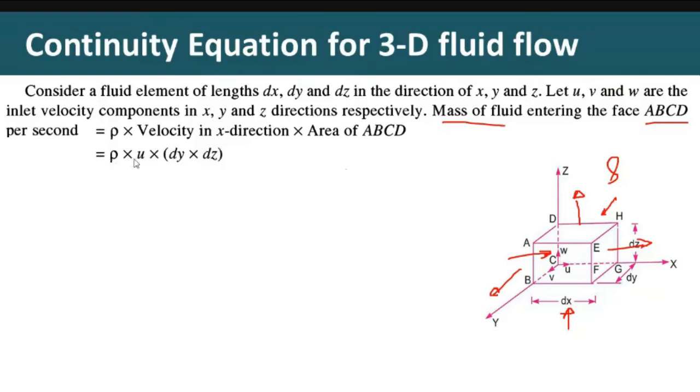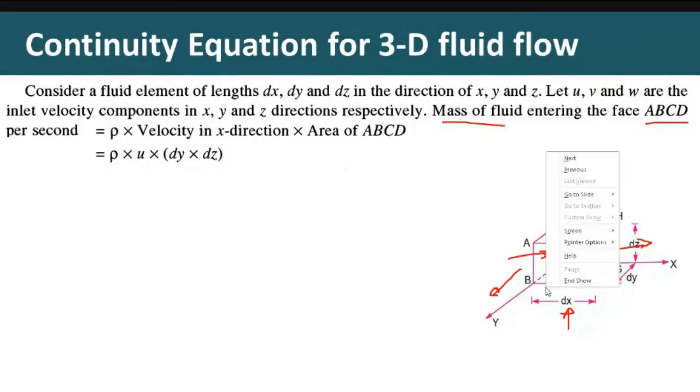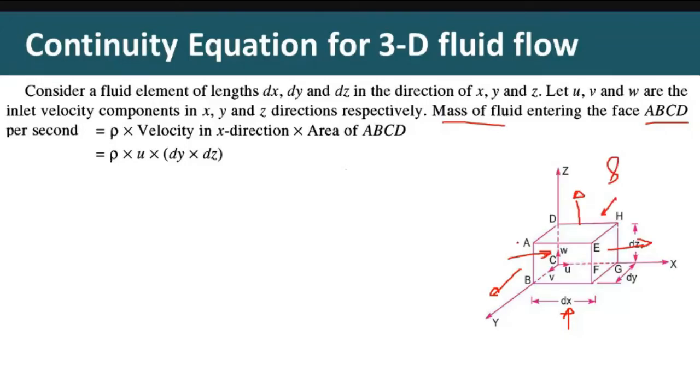So it is rho into u into area ABCD. Now area ABCD has one side of length dy and the other of length dz, so the area is dy into dz. So it is rho u dy dz. This is the mass flow rate entering the system.